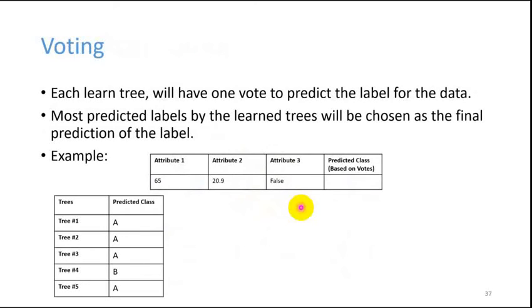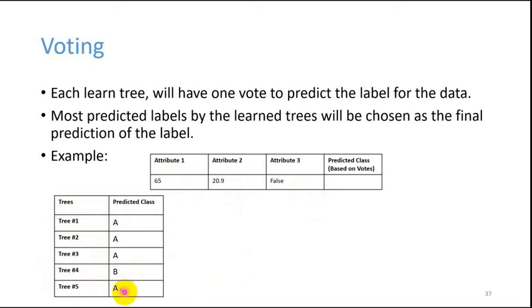And after learning those decision trees, for application of them and for prediction, we need to have the voting process. So for instance, if we had learned 5 trees, and when new data comes and we need to predict it, we need to predict with every one of those trees.